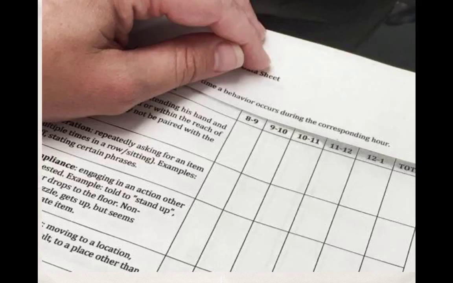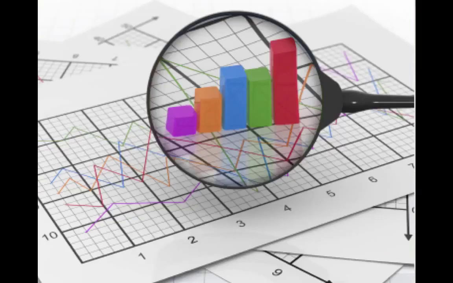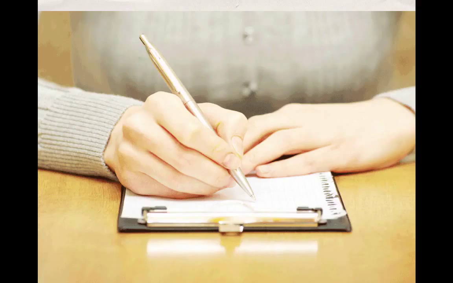We want measures that are sensitive so we can see this change on a daily basis. It's an ongoing analysis that is required. So we have to visually display the data and make sure that we are listening to the story that it's telling us, and that if we need to make a decision, we change what we're doing based on the data. So we're using data to make those decisions.